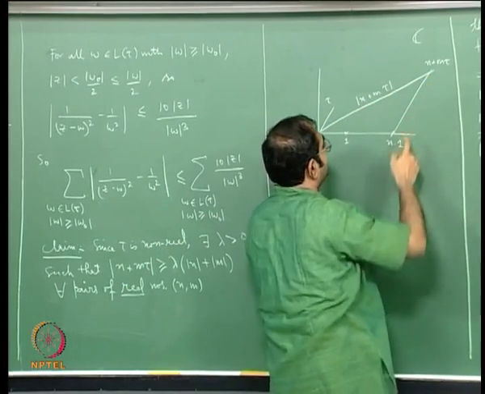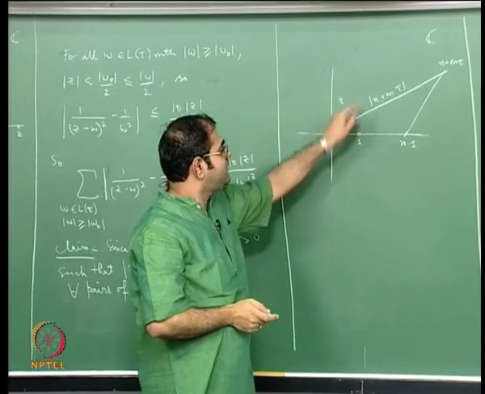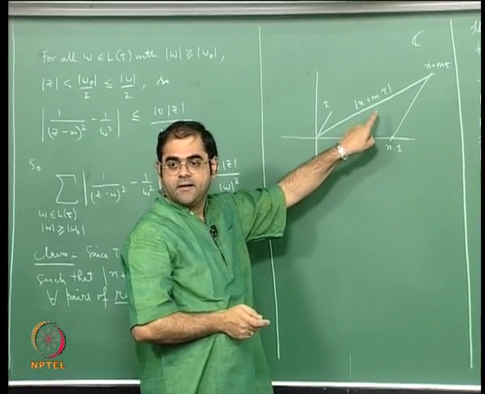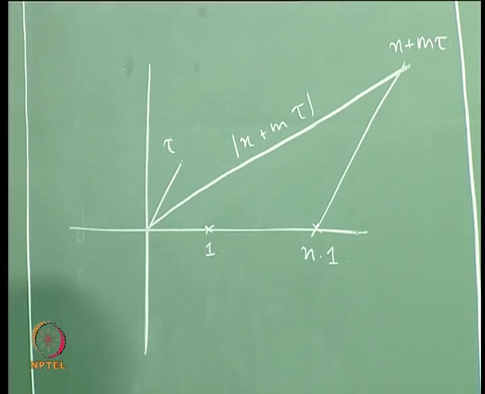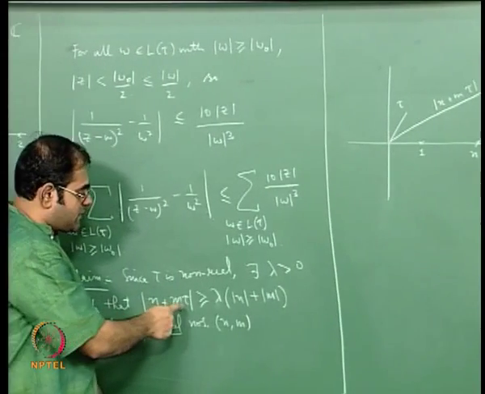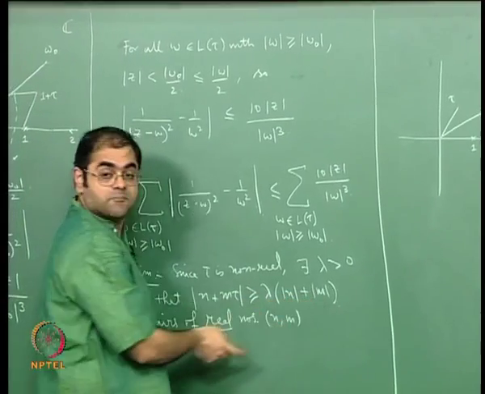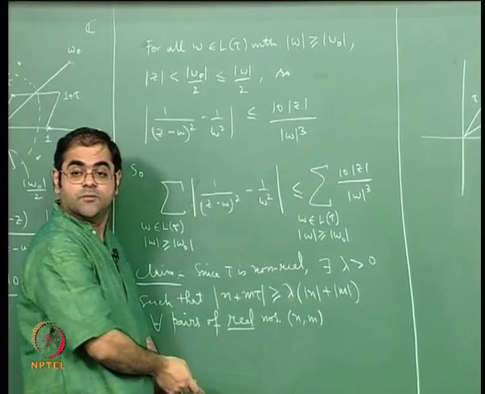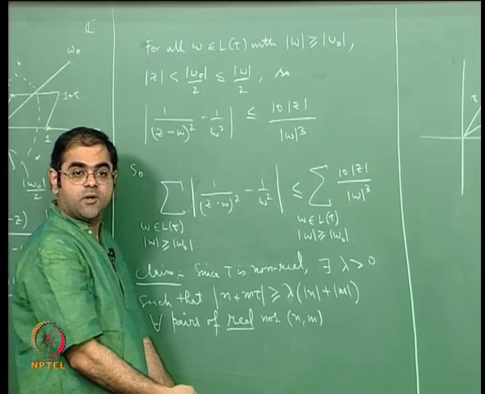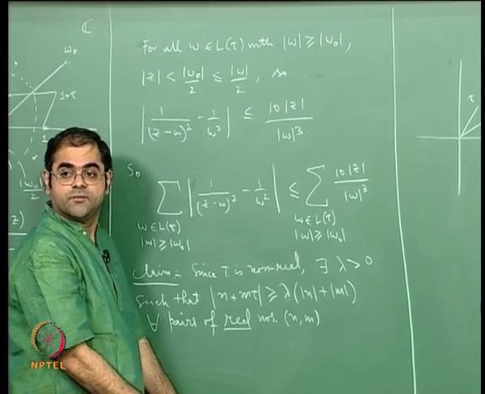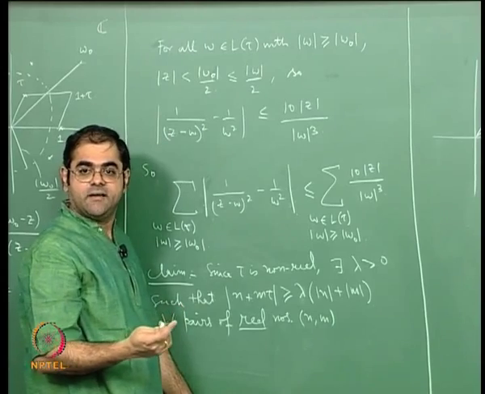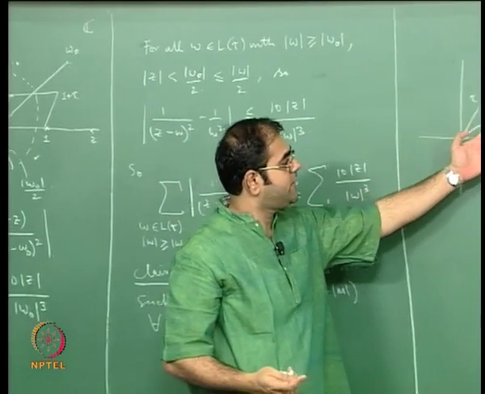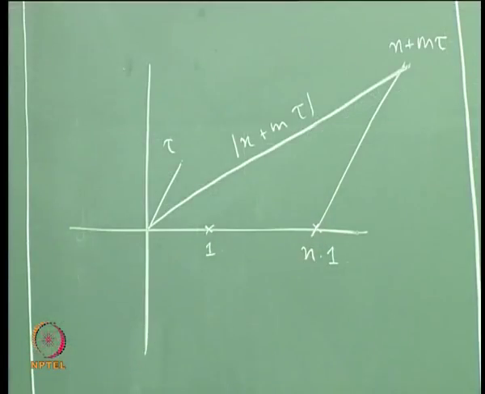You can see that the ratio has to be bounded below. Mod n plus m tau by mod n plus mod m, that ratio has to be bounded below by something positive; it cannot go to 0. So it is geometrically very acceptable if you look at this picture.